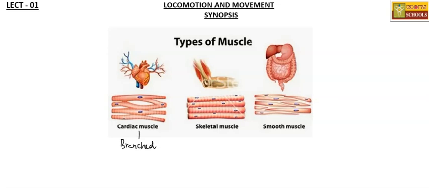In the skeletal muscles and smooth muscles you don't find branching. About these skeletal muscles we will discuss in detail in our coming sessions. In the next session I will briefly tell you about the structure of smooth muscles and even the structure of the cardiac muscles.